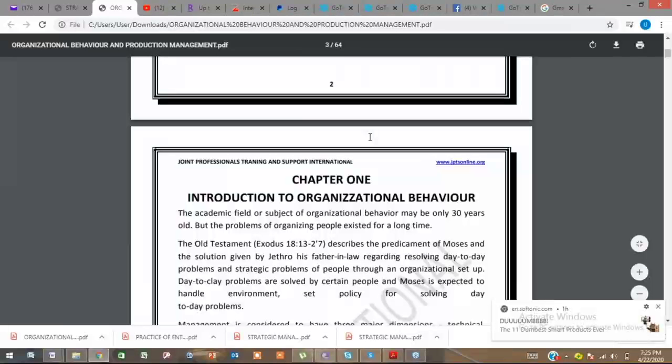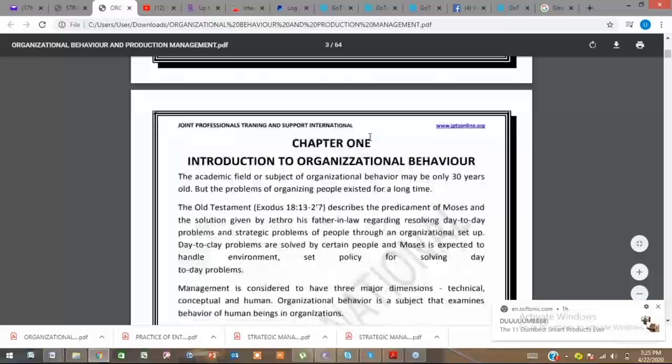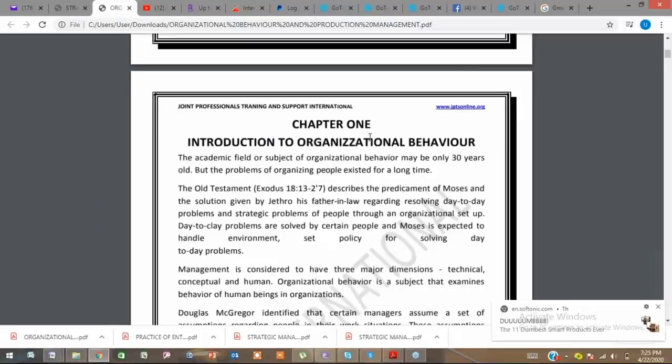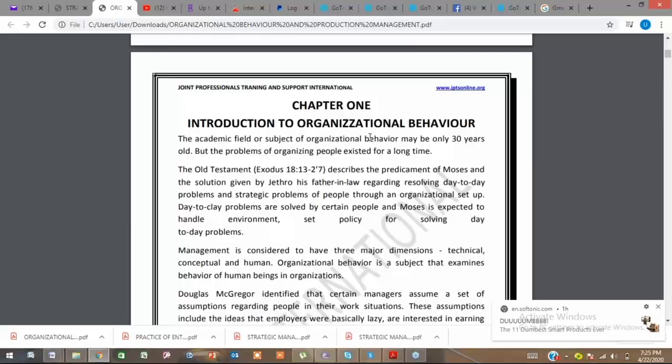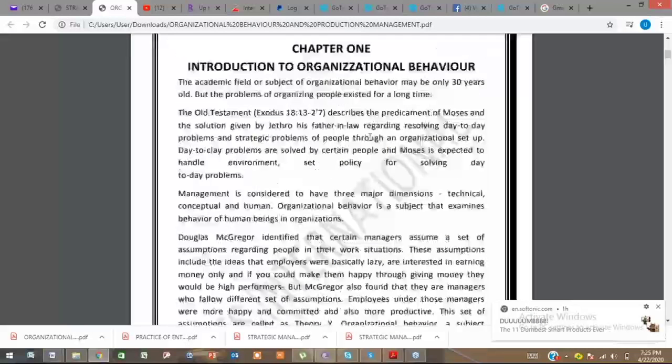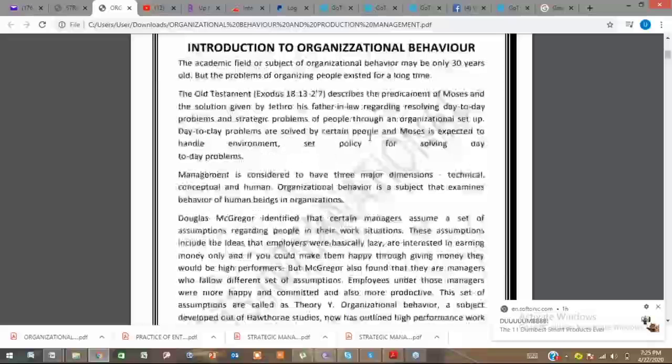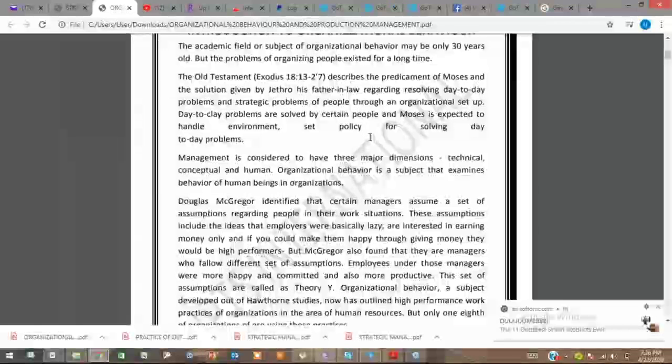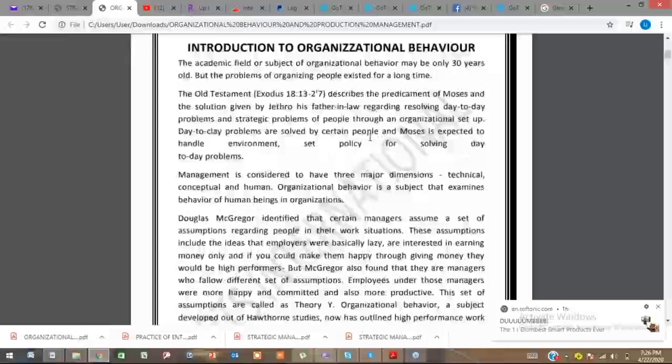So chapter 1 is Introduction to Organizational Behavior. We will be looking at the definition of organization and behavior, and how human behavior, because there is no organization except humans, and human factors are considered. An organization is made up of humans, so how do they interact and how does it transform the organization?